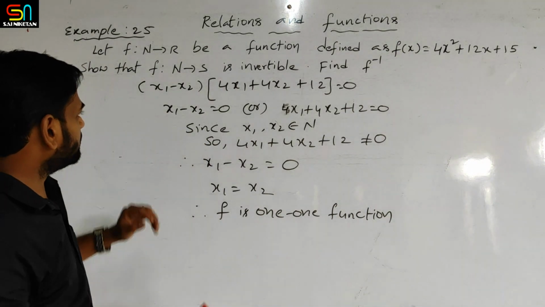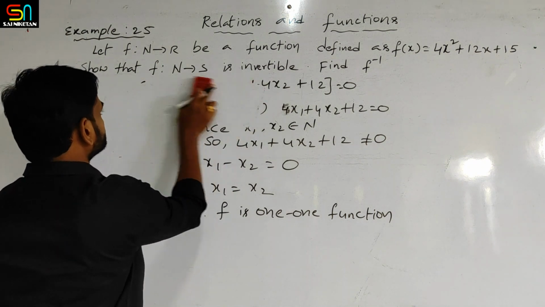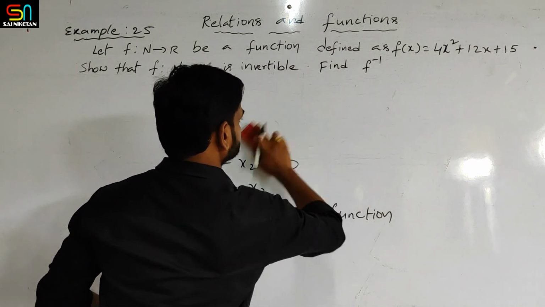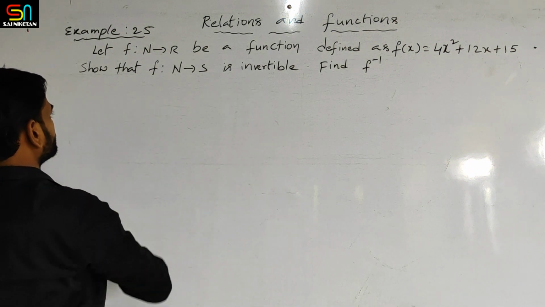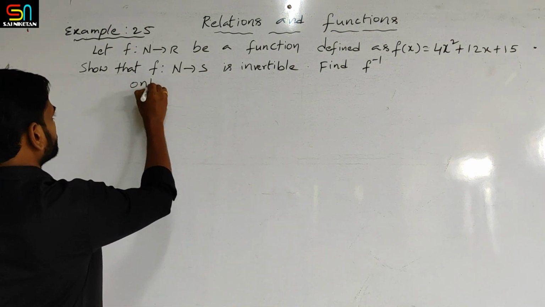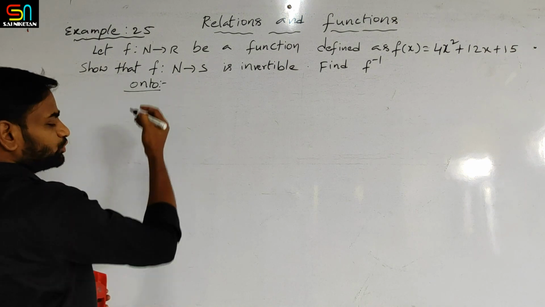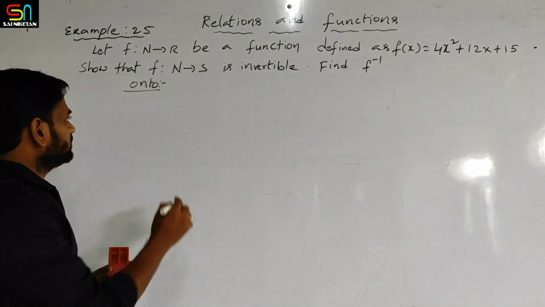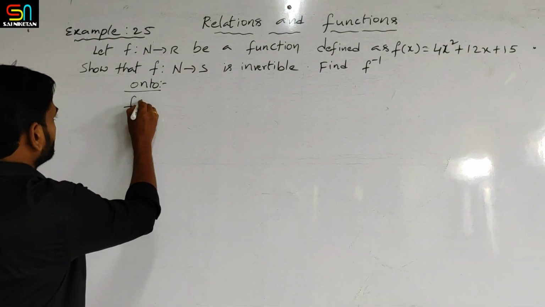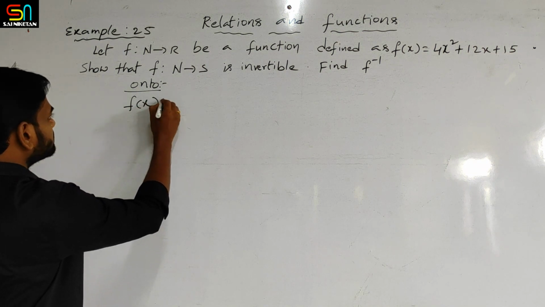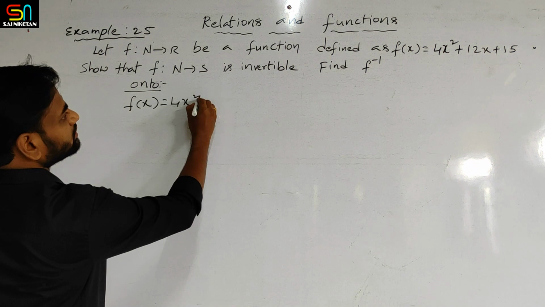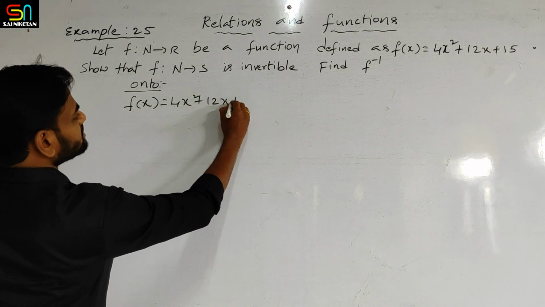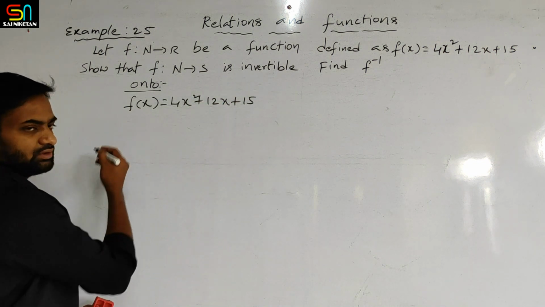Now, come to the onto. What about the onto? See here, I am taking the function f of x. f of x equal to 4x square plus 12x plus 15.